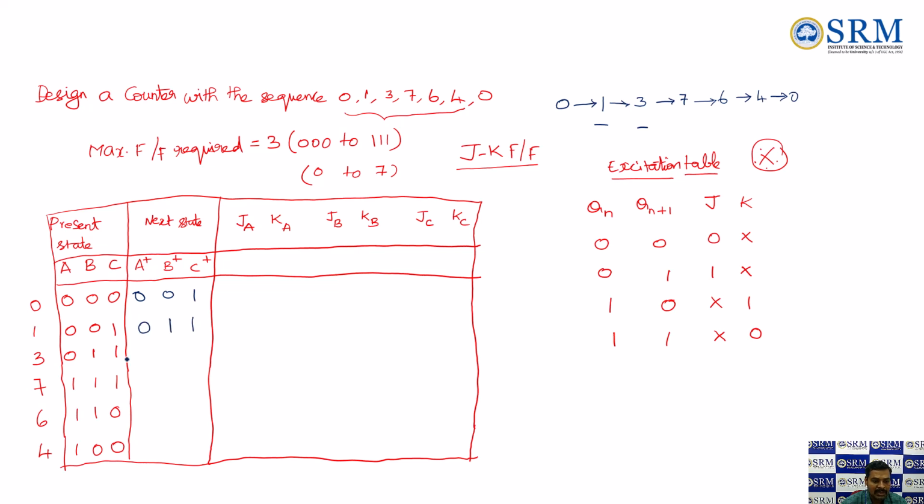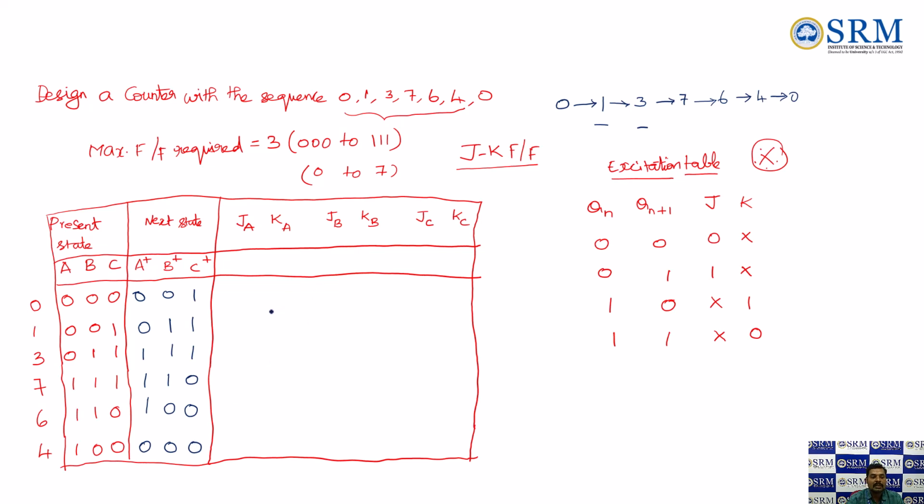If 3 is the present state, then 7 is the next state. If 7 is the present state, then 6 is the next state, 1, 1, 0. If 6 is the present state, then 4 is the next state. If 4 is the present state, then the cycle gets repeated, so it will come to 0, 0, 0.